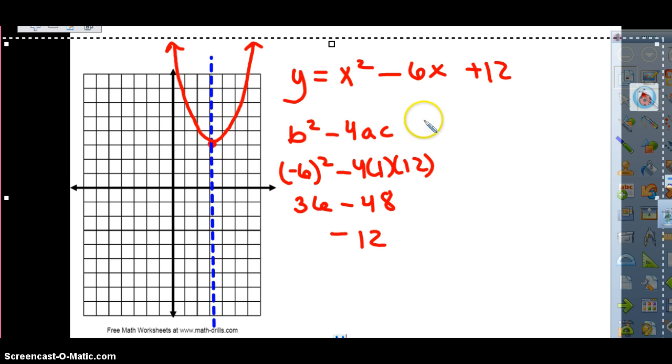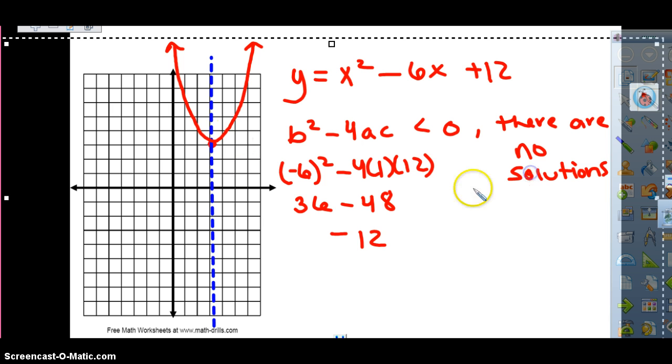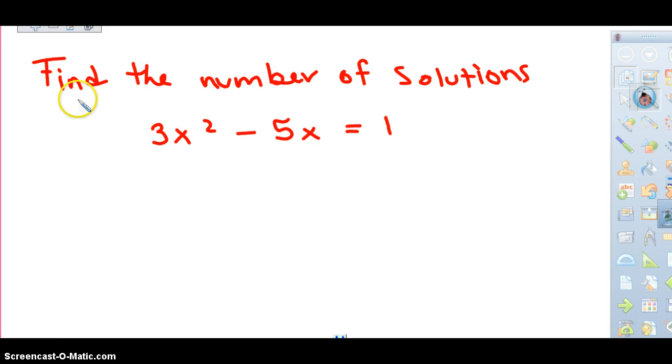When the discriminant is less than 0, there are no solutions. And you can see that this parabola does not cross the x-axis at any point. There are no solutions.